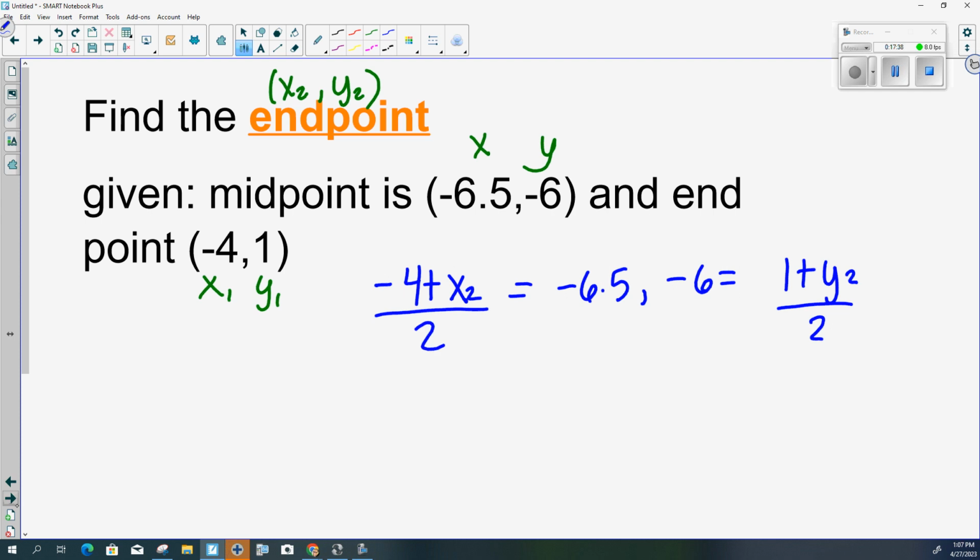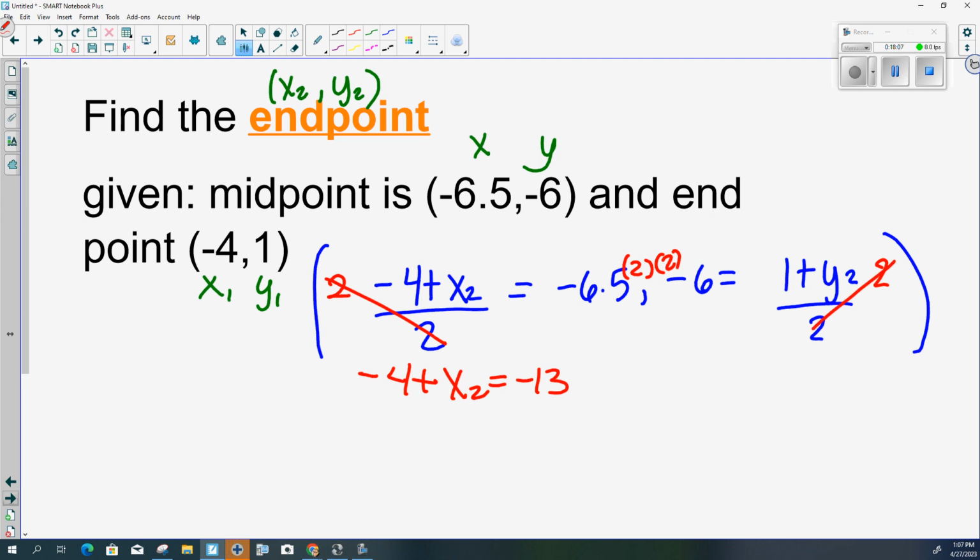Did I get it right that time? Maybe. All right, Emma, what do I do to solve these two sides? Yeah, so I really need to get rid of that divide by 2. And actually, you're doing the same thing over here. Logan, what about now? I'm solving 2 problems at the same time.